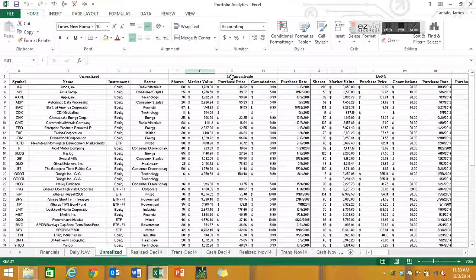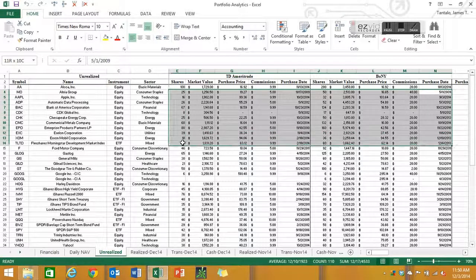So now into the next group, we'll go into this group of 10 columns. The SIMS long fund is broken up into two accounts: the TD Ameritrade account, which is mostly donation, and the Bank of New York account, which is the university's endowment.